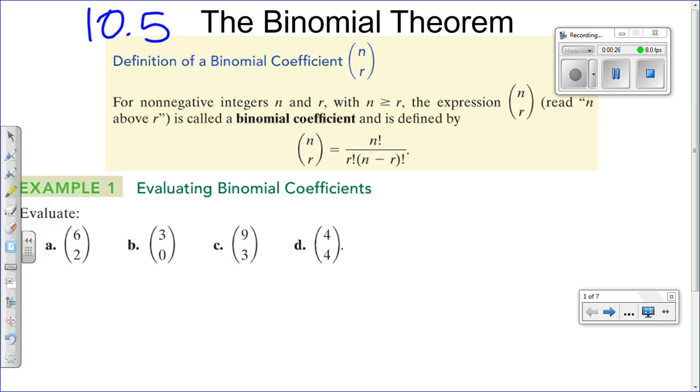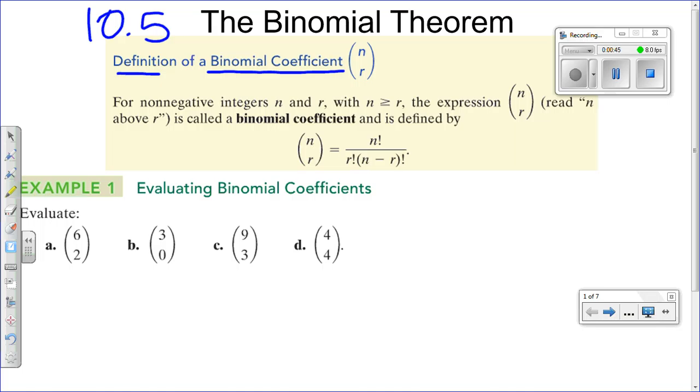So what we have here is the binomial theorem, and that is the title of the section. But before we get to the binomial theorem, we're going to go over the definition and apply it of the binomial coefficient.